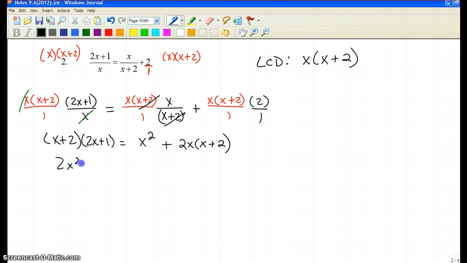So it's 2x squared plus 5x plus 2 equals x squared plus 2x squared plus 4x. And we get all the terms on one side of the equation. We still have like terms to combine there though.